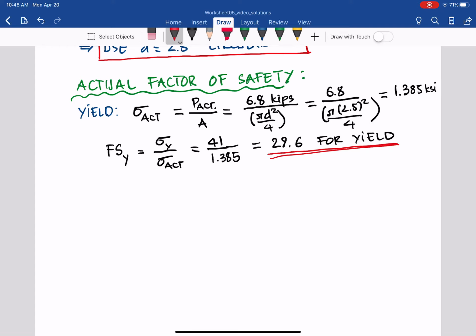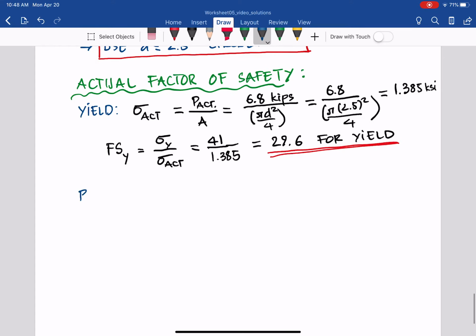Because in this case, if the member is in compression, the buckling is governed. So for buckling, we have P critical. We can find out the P critical, which is P failure. So plug in the numbers: pi squared EI over KL squared.